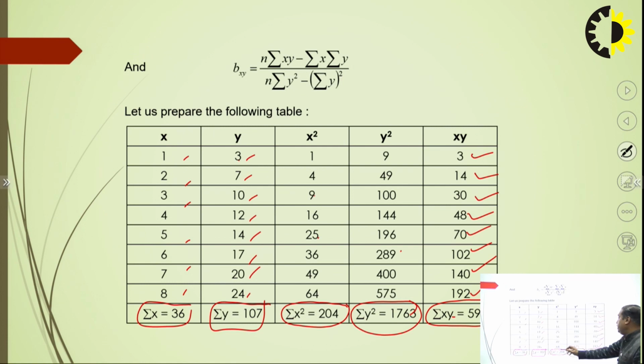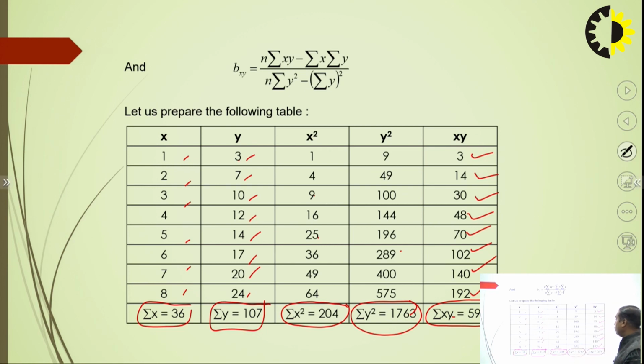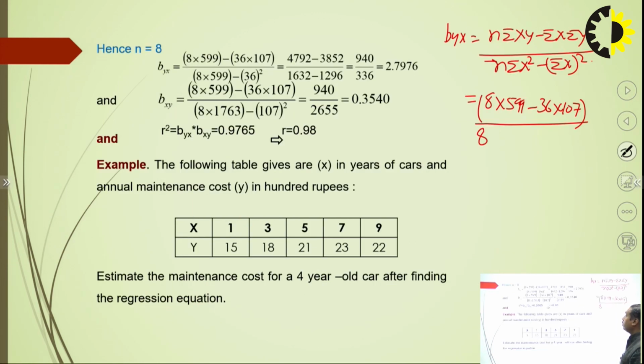After that, 8 into summation x square, which is 204, minus summation x whole square, 36 whole square. Putting these values, we get 2.793.